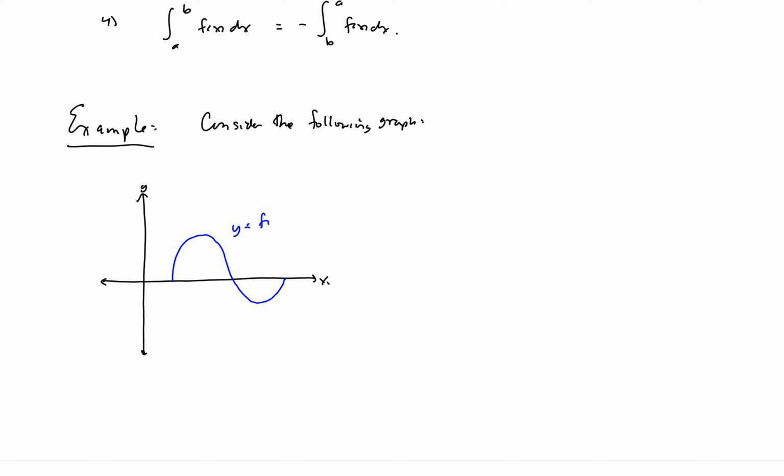So this is my function y equals f of x. Let's say this point is at a, this point is at b, and this point is at c. And we're going to say this area here is equal to, say, 8, and this area here is equal to 3.